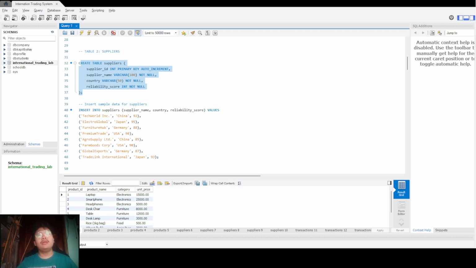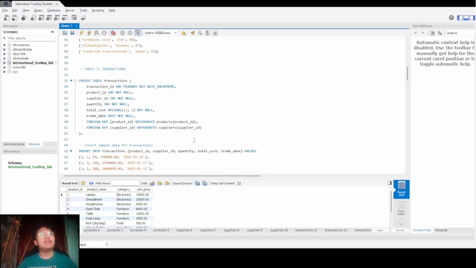Then the country, which is the country the supplier is from, like China, Japan, Germany, or USA. The last one is the reliability score, a number from 0 to 100 that shows how reliable the supplier is. A higher number means a better supplier. Then I inserted 8 sample suppliers from different countries.